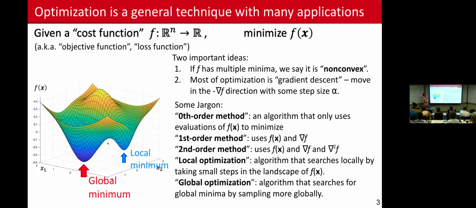Okay, I wanted to also introduce some jargon. There's horrible jargon in this field, both in Stellarator and optimization. So you might see zeroth order method. That just means you are optimizing a function, and you're only using evaluations of f on this landscape to run the algorithm. First order method, you're using f and its gradient. Second order method, you're using f, its gradient, and its Hessian.